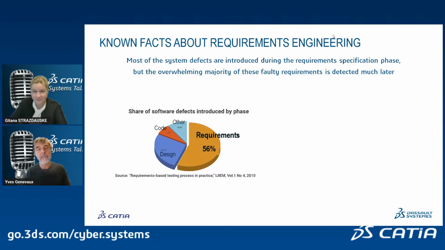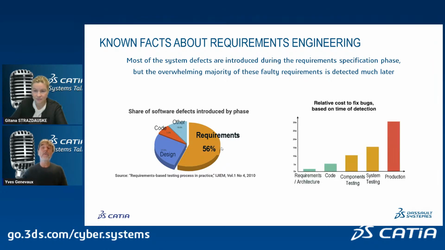Because there were a number of studies showing that the majority of the errors in embedded systems are coming from wrong requirements. You see here the stat, about 56% of the errors are coming from wrong requirements. It's a big topic, especially when you take into account the fact that the later you find the errors, the more costly it is.